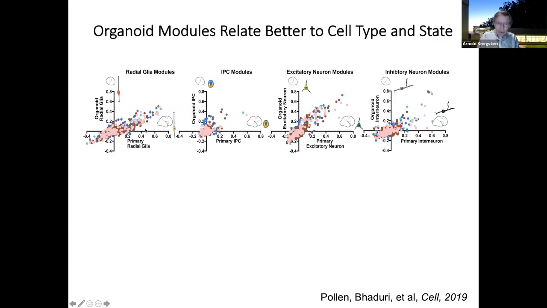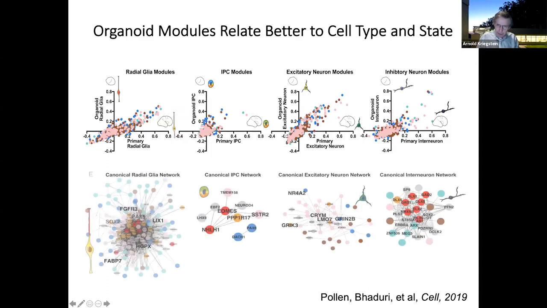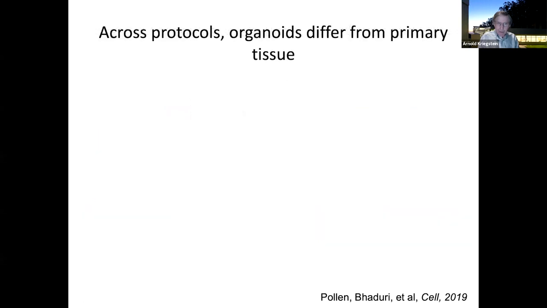And by and large, the correlation of these modules from fetal tissue to organoid was reasonably good. The major cell classes were represented reasonably well by gene modules, which shown here in the bottom, broken down into their hub genes, showed very similar overlapping hub genes in most of these cell types. And so that's the good news. We had the major cell types, and they look similar to the cell types we find in fetal tissue.